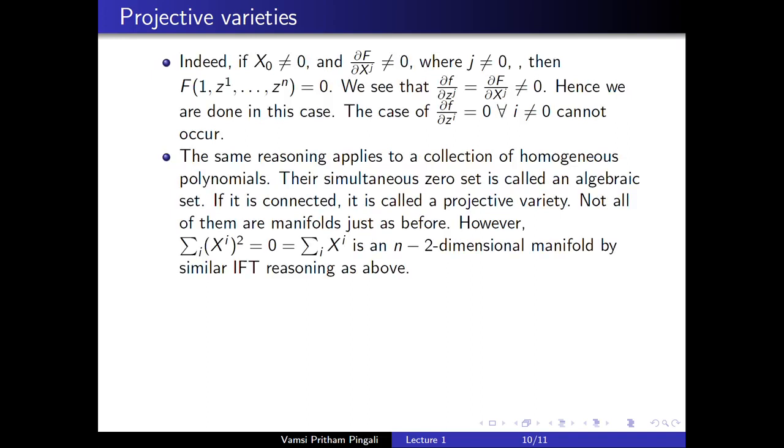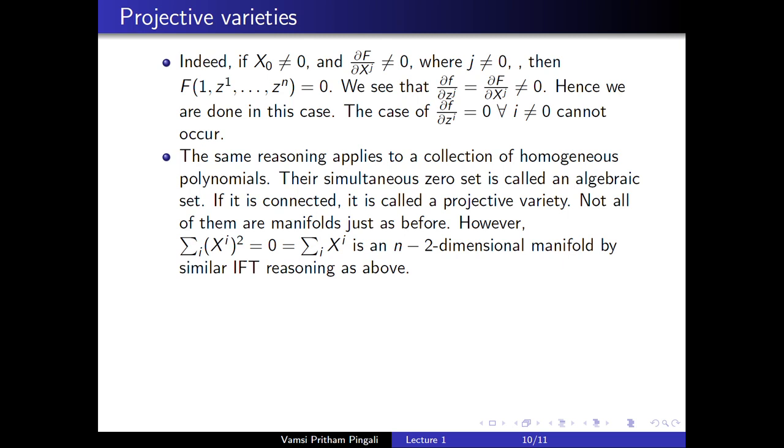In general, you can use the implicit function theorem style argument just like this if you have even more than one function. For example, if the sum of xi squared is 0, and the sum of xi is also 0, so you have two equations, this will be an (n-2)-dimensional submanifold by the same reasoning.